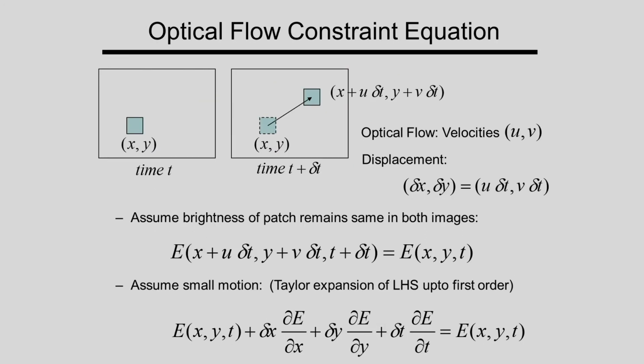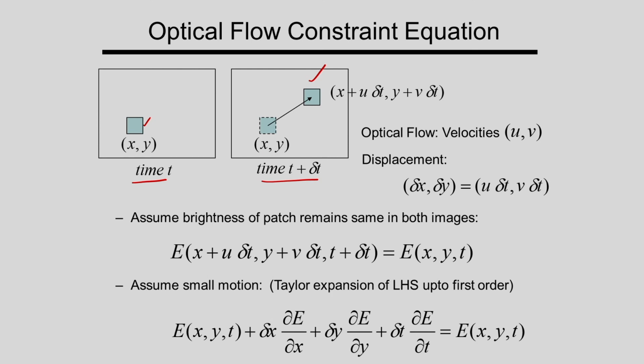Here I have shown two frames of a video, at time t and time t plus delta t. Let us consider a patch at the point x, y. At time t plus delta t, this patch moves to the second position.